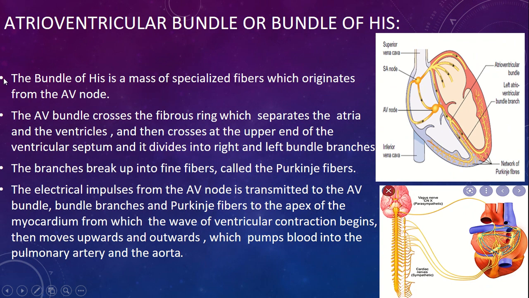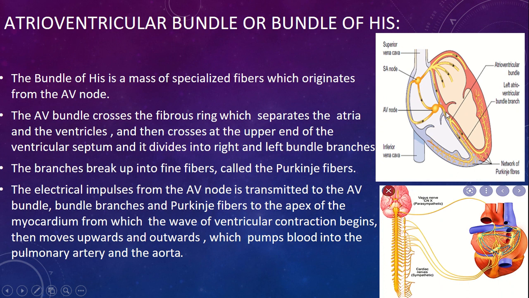Okay. So the AV bundle crosses the fibrous ring which separates the atria and the ventricles, and then crosses the upper end of the ventricular septum, and it divides into the right and the left bundle branches. As you can see, this is the septum of the heart. It crosses the fibrous ring which separates the atrium and the ventricle.